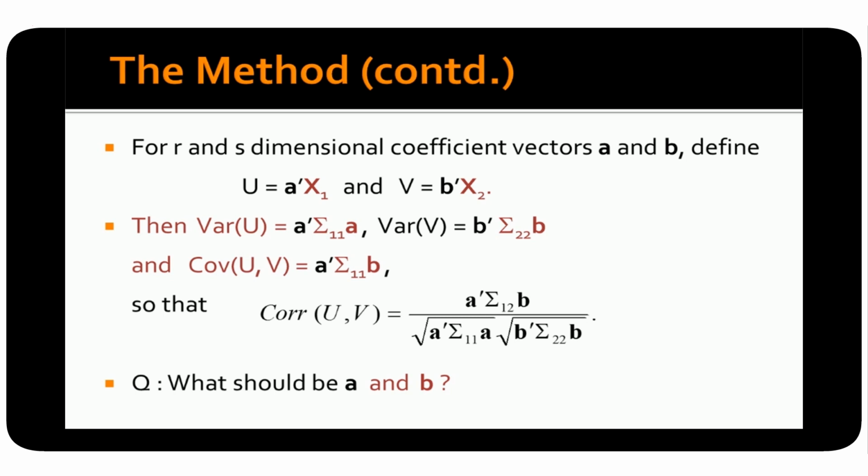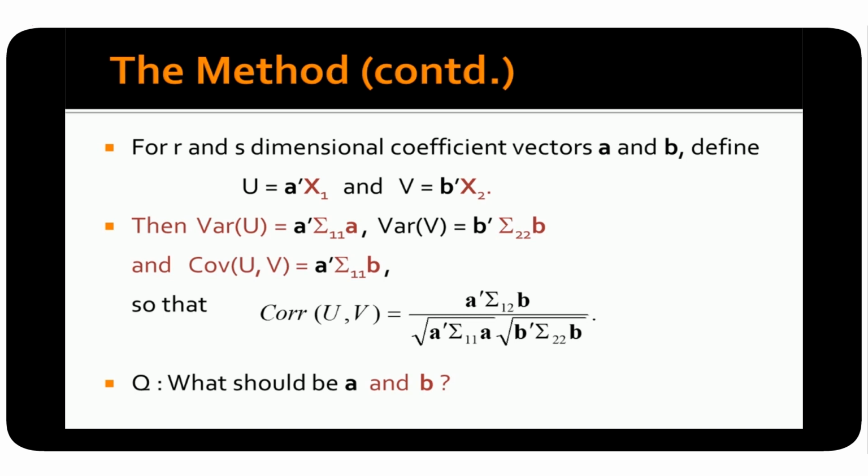Now from standard results, we have variance of u is equal to a prime covariance of x1 times a, which is a prime sigma 11 a. Variance of v is b prime covariance of x2 times b, which is b prime sigma 22 b.